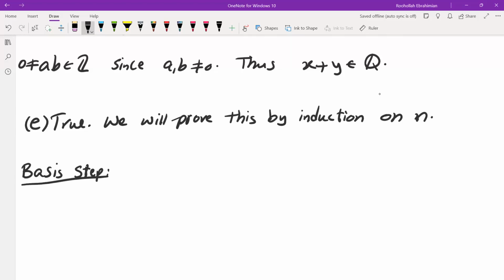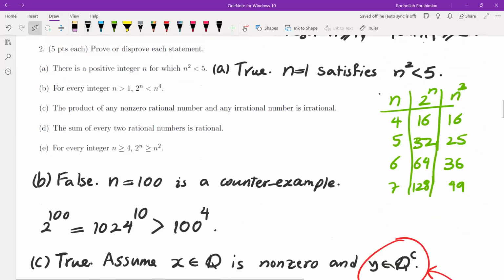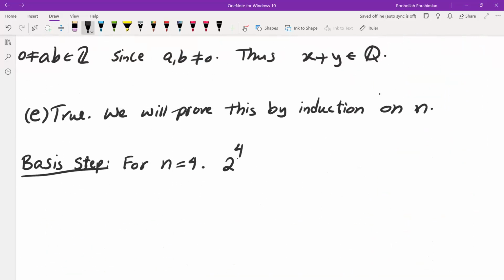Basis step is for n equals 4, because they said starting from n equals 4, it is true. So n equals 4, 2 to the 4 is 16, which is greater than or equal to 4 squared, because that's also 16.